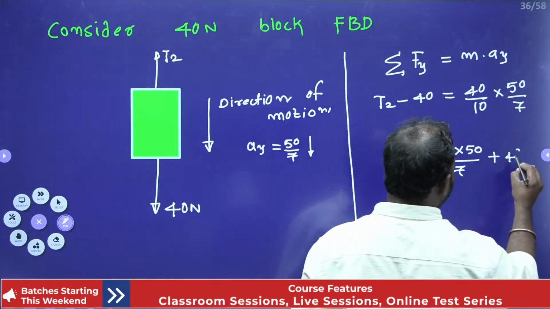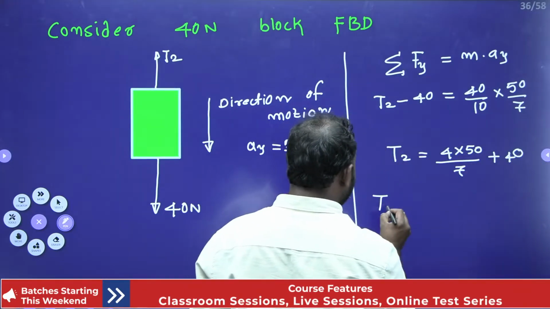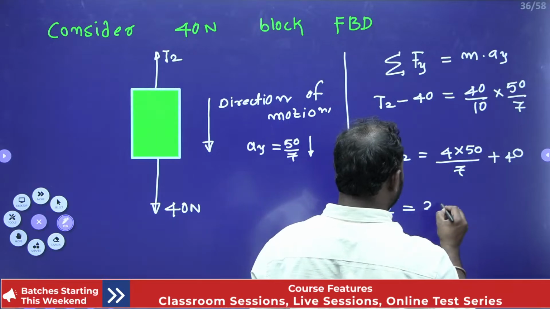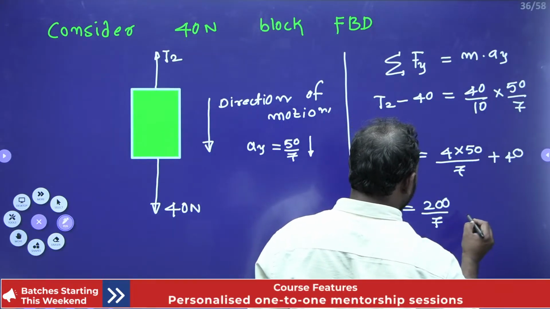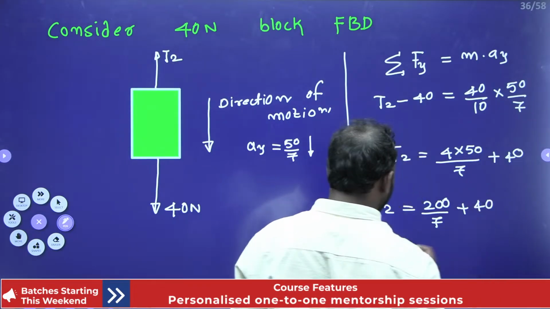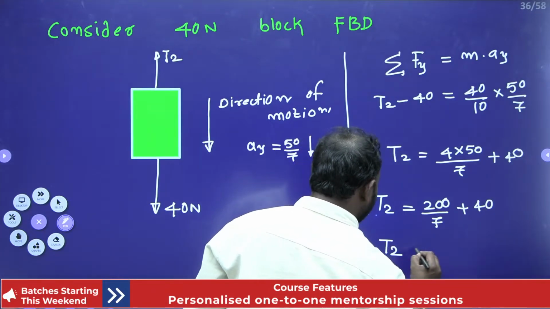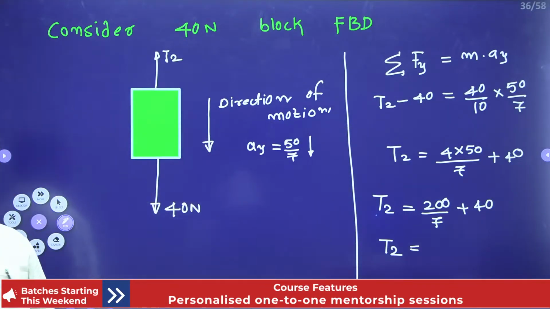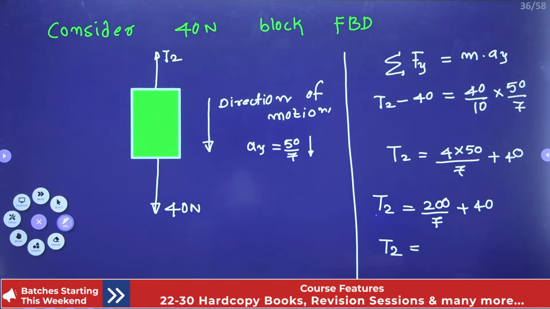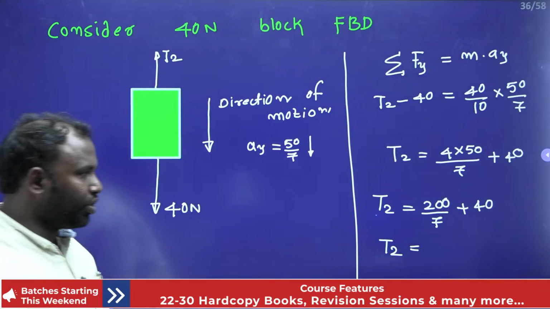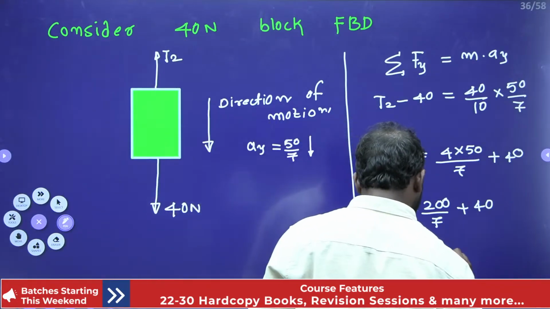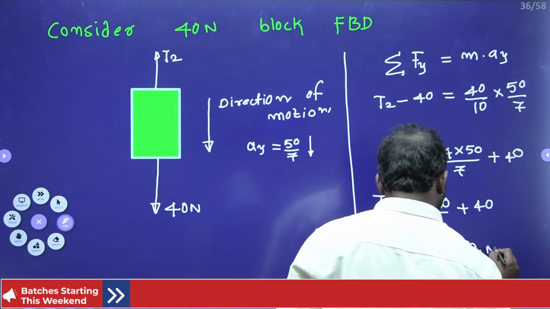Now T2 you are going to get, calculate this, guys. How much T2 are you going to get? It is 11.42 Newtons.